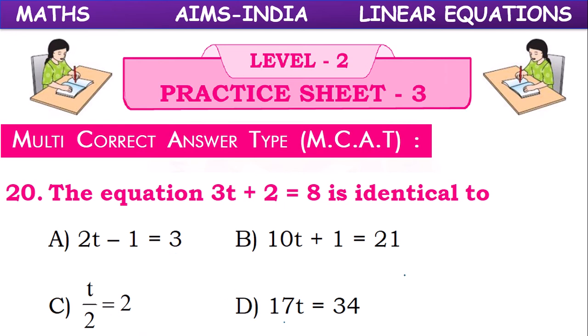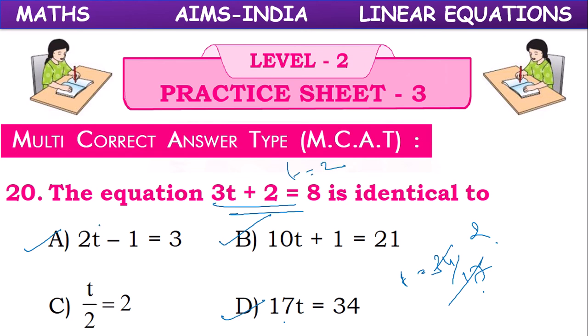Next, D option. 17t equal to 34. T equal to 34 by 17. Like this we can write. 17 2 times 34. So for option A, option B, option D, and for the given equation, the t value is 2. So A, B, D are identical to given equation.